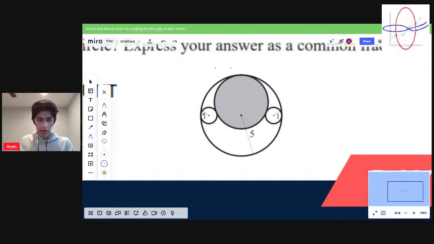Looks something like this. Right away we know this is basically the diameter of the big circle, because it goes through the center and there are two endpoints. So each of these sides would have length 5.